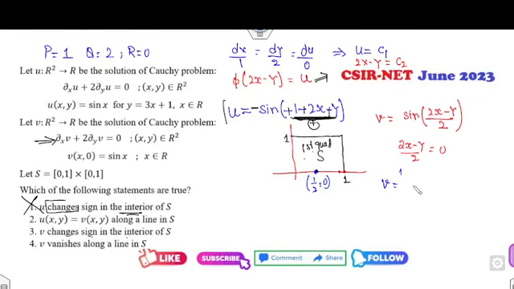What is the value of v at half comma 0? It is sine of a half, which is positive. If you look at this point, it's 0 comma half. Or you can take any point inside this. So v at the point 0 comma half will be minus sine of 1 by 4, which is less than 0.